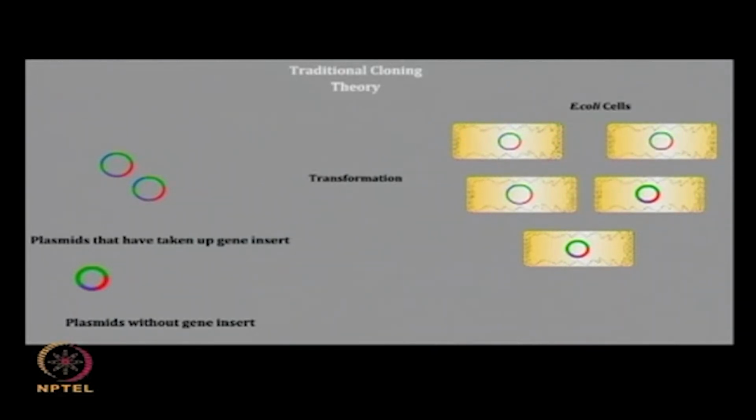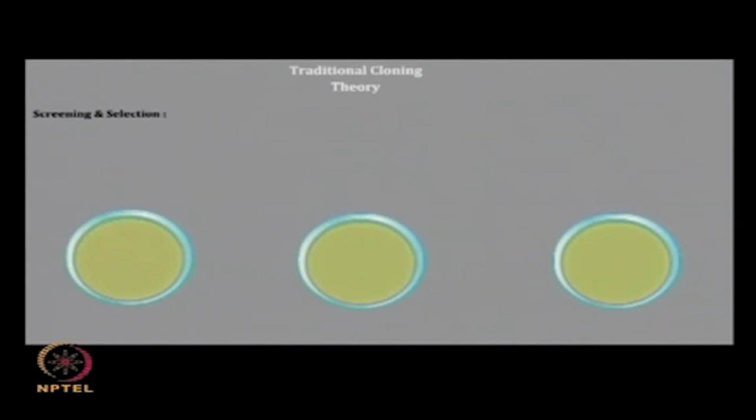This can be done by techniques such as electroporation, chemical sensitization, etc., which make the cell membrane relatively permeable, thereby allowing the plasmids to enter the cell. After transformation, you need to select the right clone. The cells are grown on a suitable medium which contains specific antibiotics that allow only certain bacterial cells to grow.